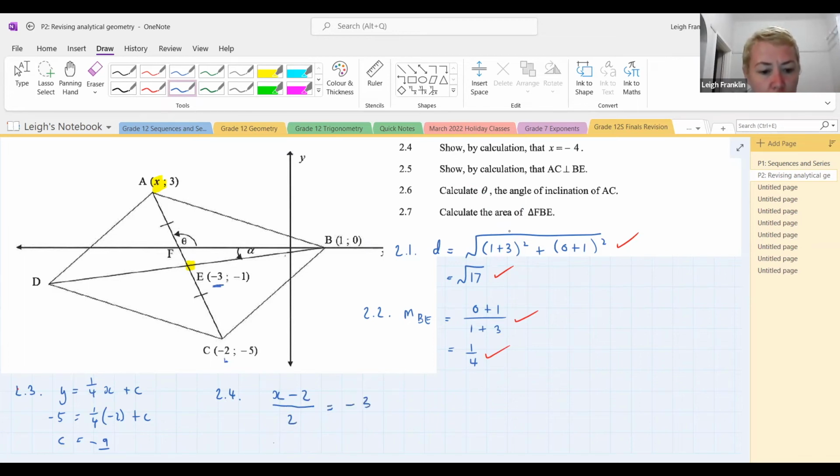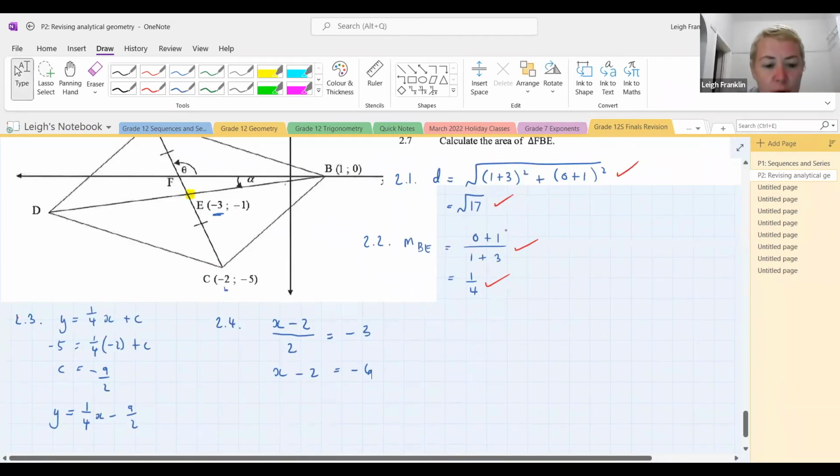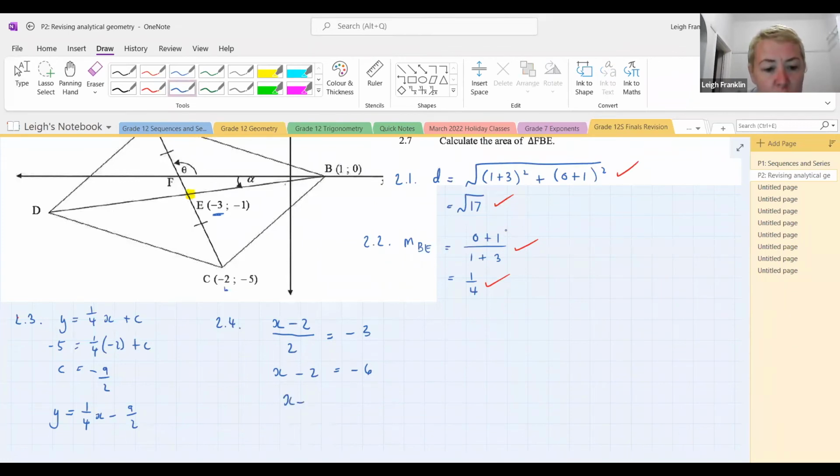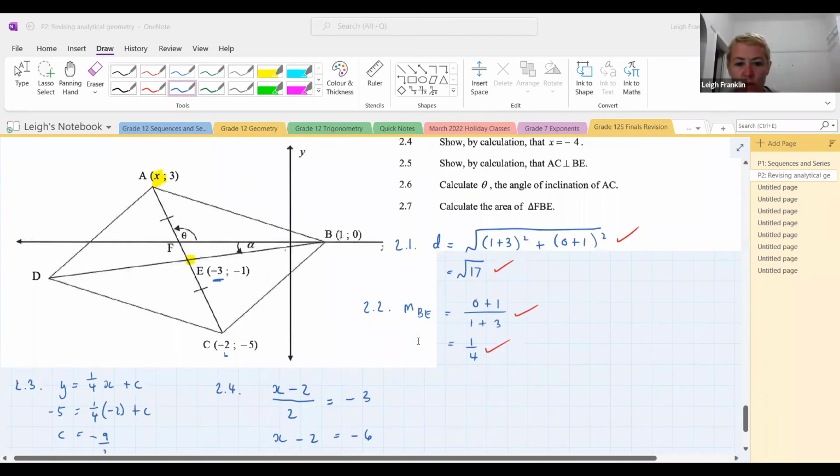We would have cross multiplied, and x minus 2 would be equal to -6. And then we would add 2 to both sides, and therefore x would be equal to -4. Okay, that's it. Good stuff, everybody. Well done. That wasn't so bad.